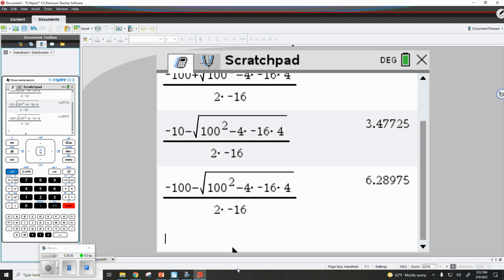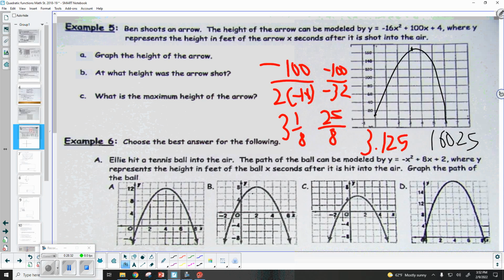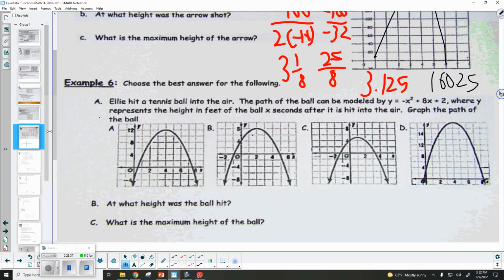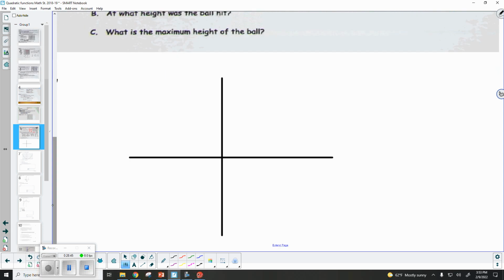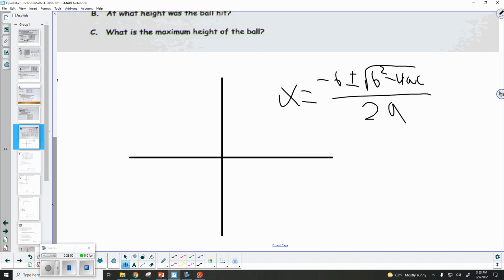So the quadratic formula: x is equal to negative b plus or minus the square root of b squared minus 4ac, all over 2a. Plus will give you the one root and negative will give you the other root, as you were kind of working out.